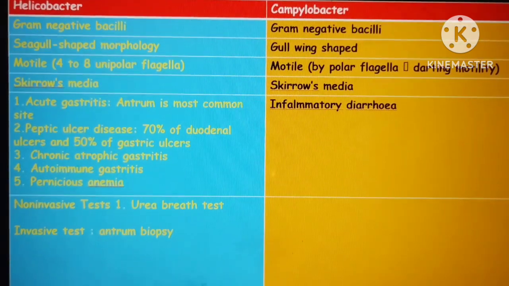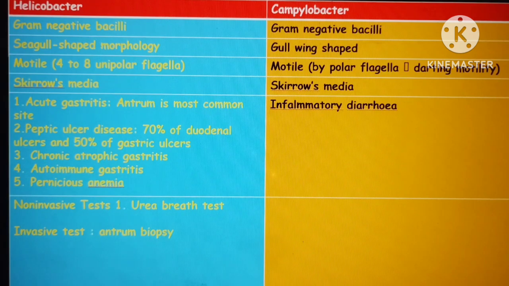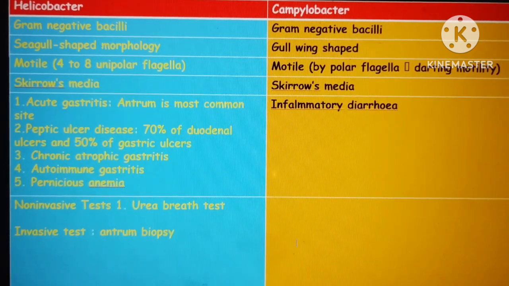So the non-invasive test is the urea breath test, and the invasive test is the antrum biopsy, which is stained with Warthin-Starry stain, whereas Yersinia pestis uses Wayson stain.